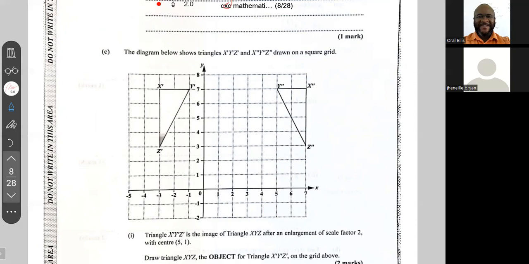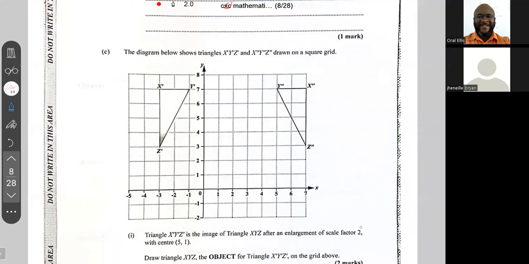Next, triangle X prime, Y prime, Z prime is the image of triangle X, Y, Z after an enlargement of scale factor 2 with center 5, 1.